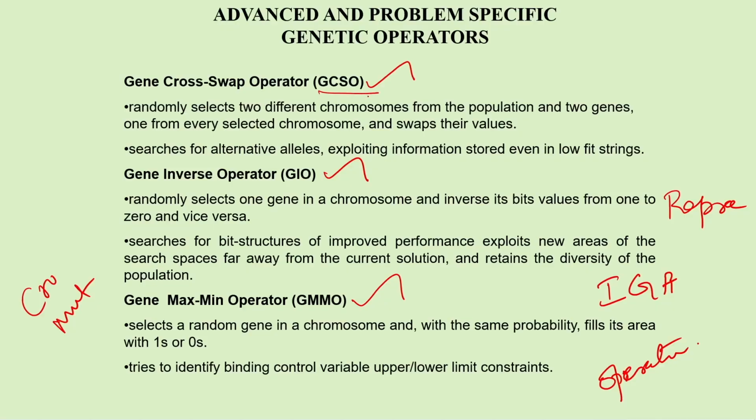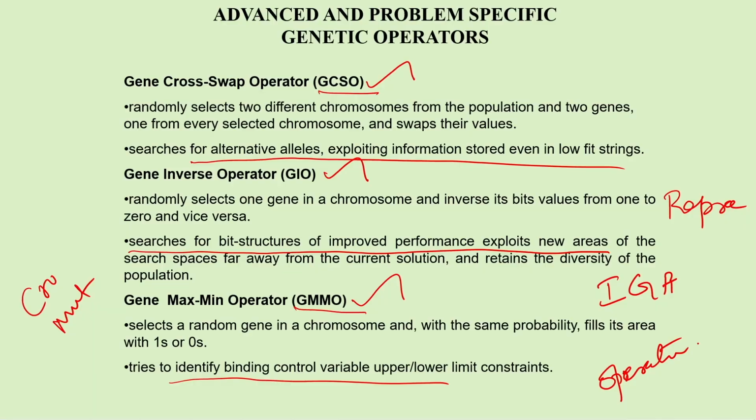These three operators are essentially suitable for, for example, the first operator, GCSO, which searches for alternative alleles, exploiting information even stored in the low fit strings. And what is GMMO? It tries to identify the binding control. It searches for the bit structures of improved performance that exploit the new areas of the search space.